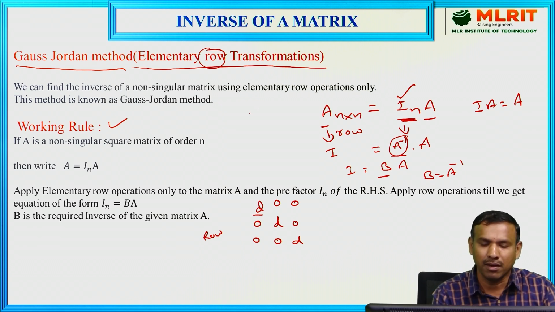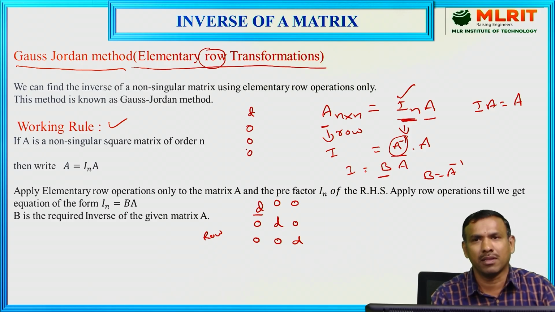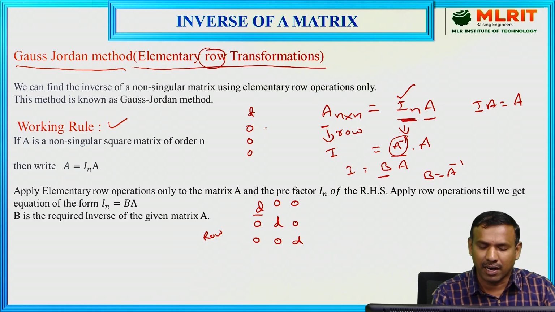Once again I am explaining. For the first diagonal element, make the below elements 0: two operations for a 3 by 3, three for a 4 by 4. For the second diagonal element, make the above element 0 and the below element 0. Using the third diagonal element, which should be non-zero, make the above two elements 0 and the below element 0. For the fourth diagonal element, make the above three elements 0.